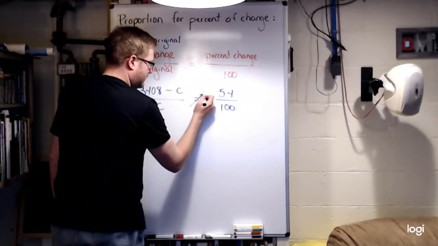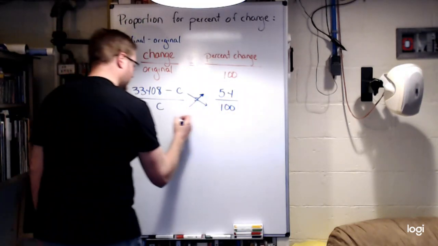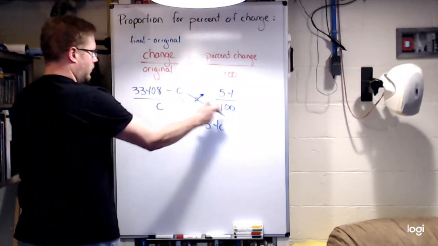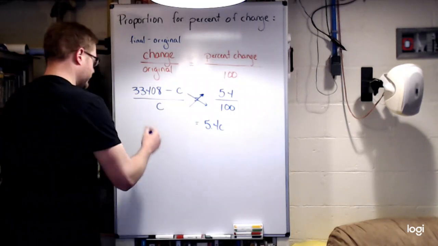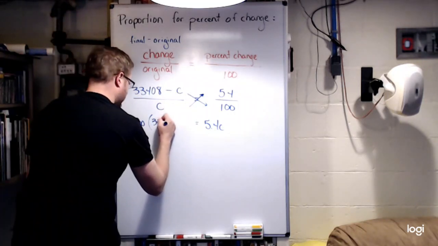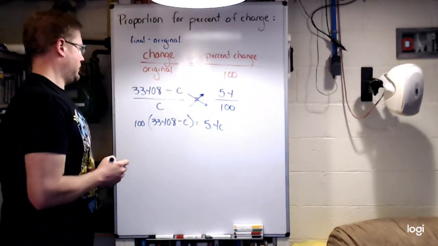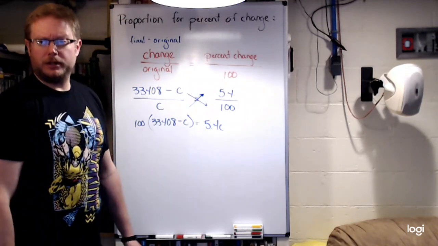Cross multiply. 5.4 times C is going to be 5.4C. 100 times the quantity 33,408 minus C. I'm just going to write it out like that. Now, just like we did before, we're going to distribute the 100.